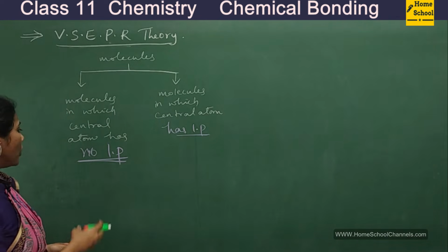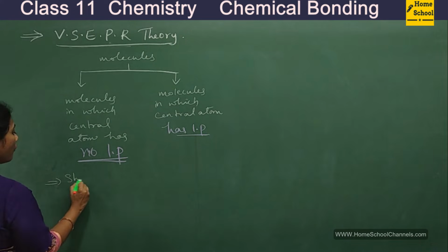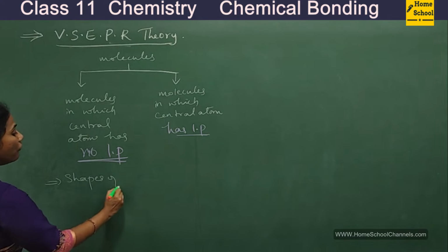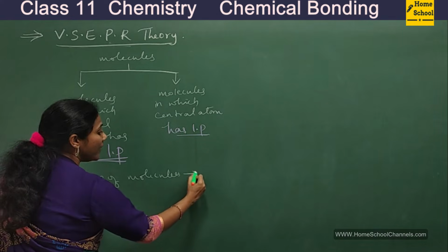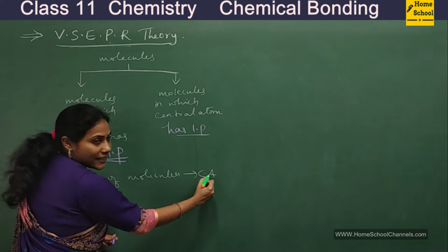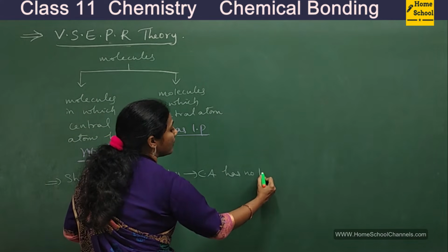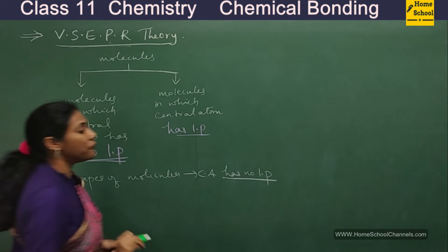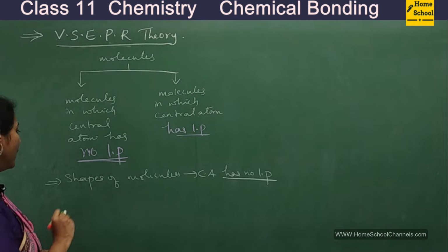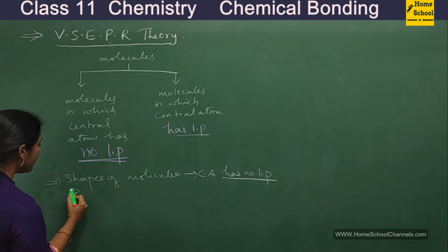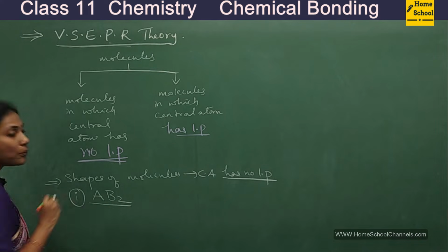So first and foremost, we will discuss the shapes of molecules in which the central atom has no lone pair. In that, the first variety is AB2 type of molecules.